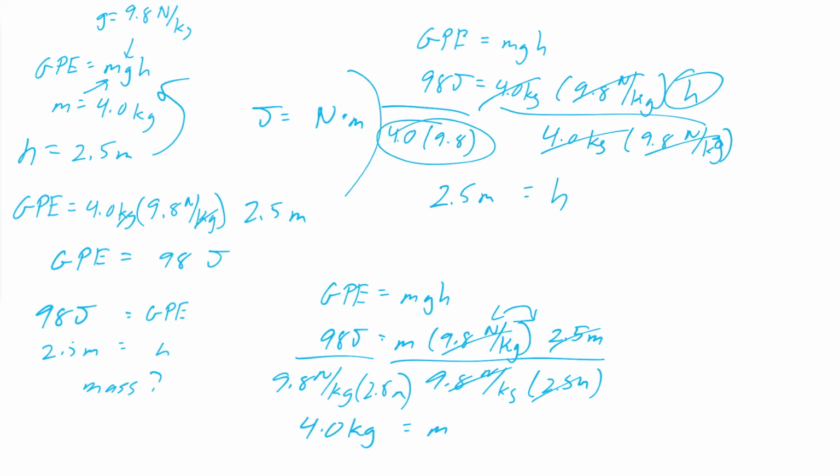Okay. And the way the units work out on that, you have joules on the top, then on the bottom you have kilograms, and then newtons, sorry, not meters, newtons per kilogram on the bottom. So really, this cancels out. So you're left with joules over newtons.